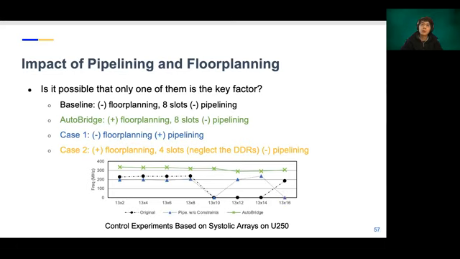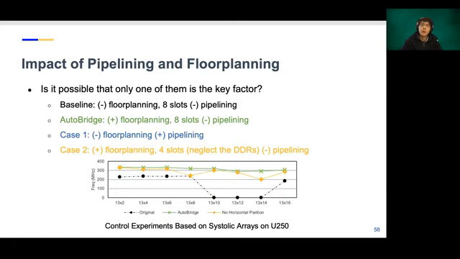Second, we run experiments to show that pipelining without floorplanning is also not enough, as shown by the blue triangles. This is because the placer does not have the high-level information on how this additional pipelining will be utilized. And very often, those additional pipelines will be clustered together.